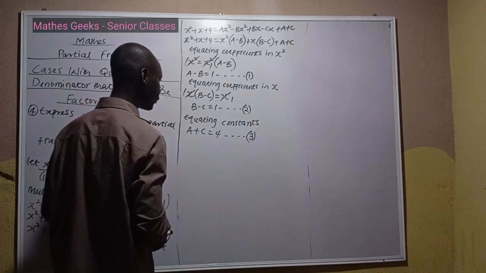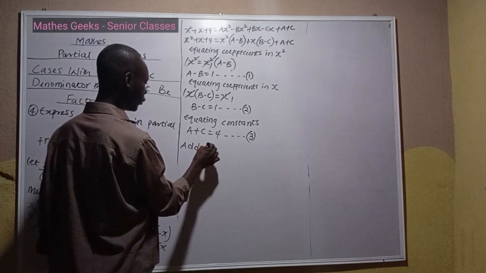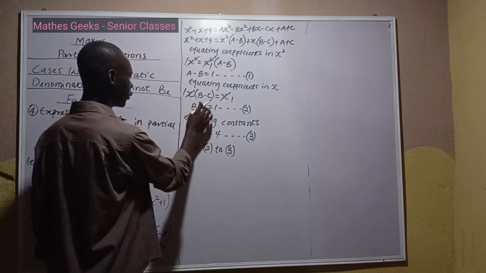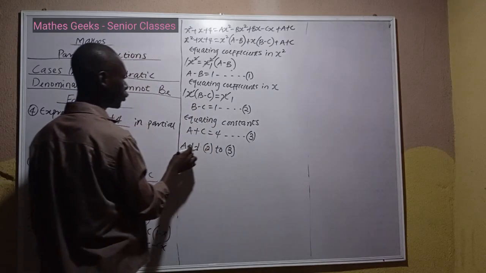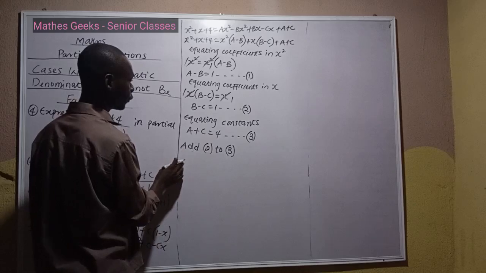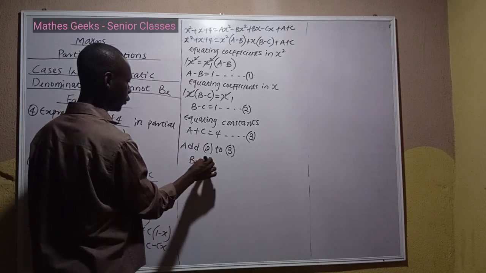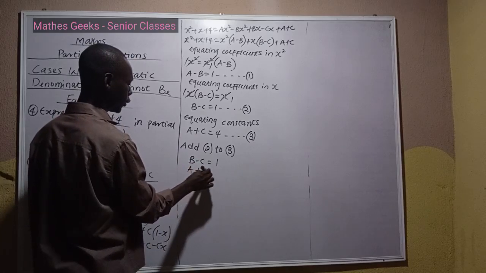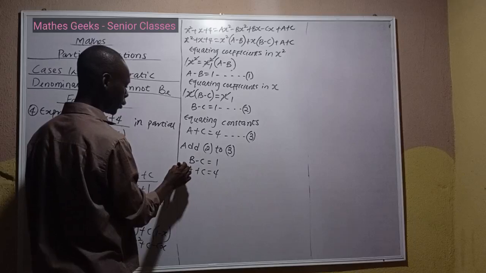So add equation 2 to equation 3 to eliminate c. Equation 2 is b minus c equals 1, and equation 3 is a plus c equals 4.